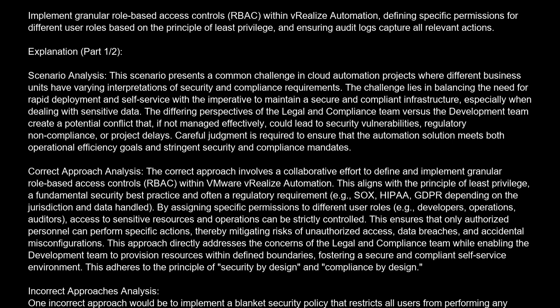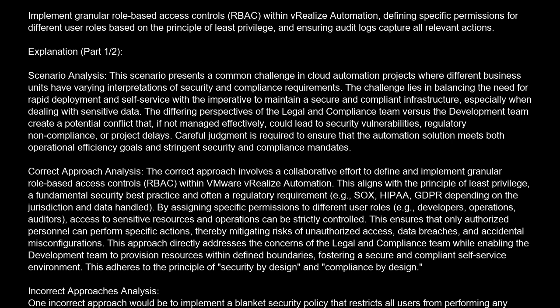The differing perspectives of the legal and compliance team versus the development team create a potential conflict that, if not managed effectively, could lead to security vulnerabilities, regulatory noncompliance, or project delays. Careful judgment is required to ensure that the automation solution meets both operational efficiency goals and stringent security and compliance mandates. Correct approach analysis. The correct approach involves a collaborative effort to define and implement granular role-based access controls, RBAC, within VMware vRealize Automation.